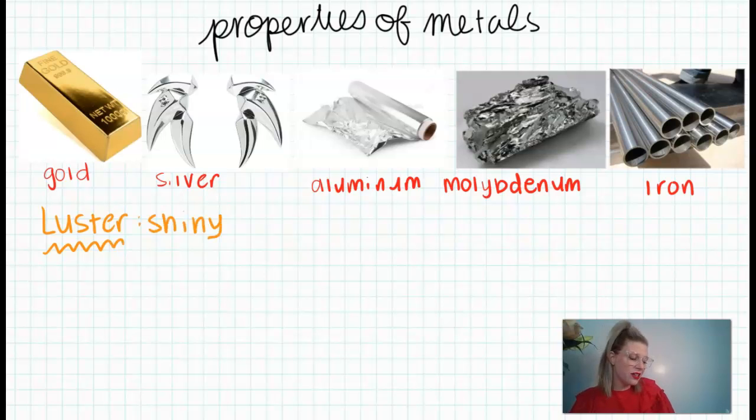Now, I did not include any group 1 or alkali metals into this conversation today because remember we mentioned that they are extremely reactive, and if I were to take them out of the oil that we keep them in, they're going to instantly react with the air and they would actually lose that luster right off the bat. So even though they are classified as metals, they aren't the best example to look at for the luster, though they are lustrous before they are exposed to air.